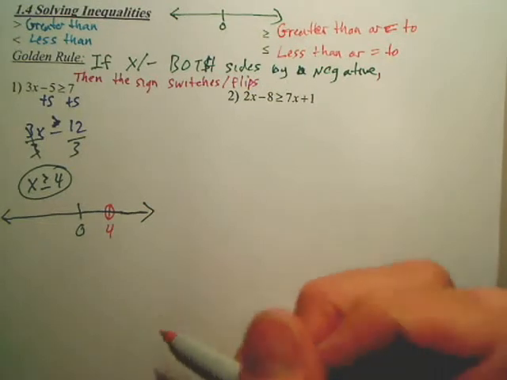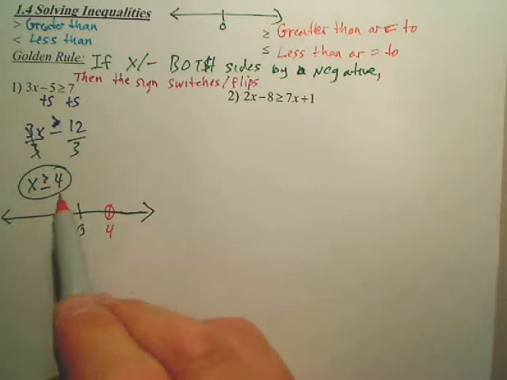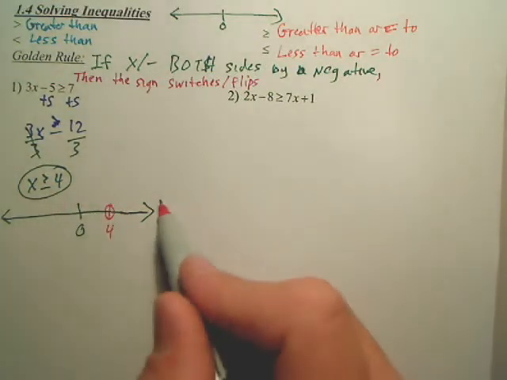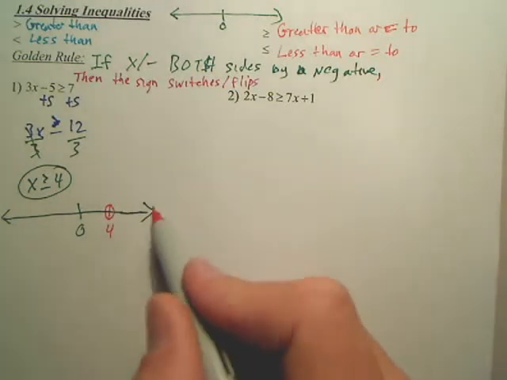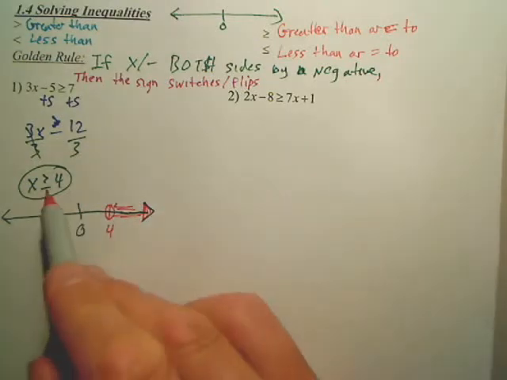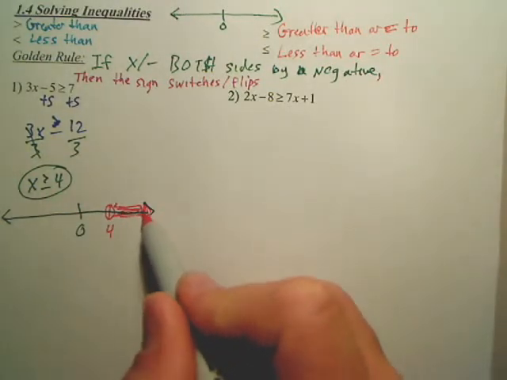Now, which side of that dot is going to be shaded? It says greater than or equal to 4. Which side's greater? Isn't this side greater? Yep. Don't you follow the arrow? See the arrow points to where you're going? Going to the right.